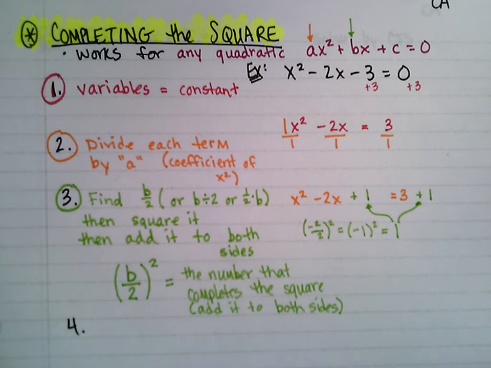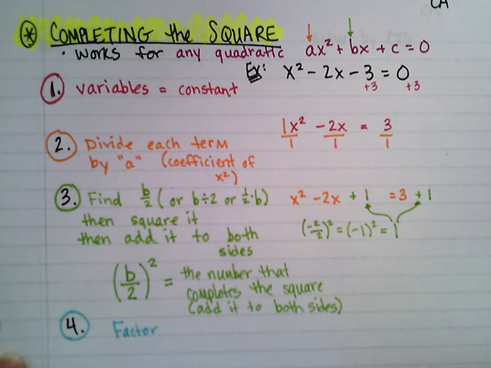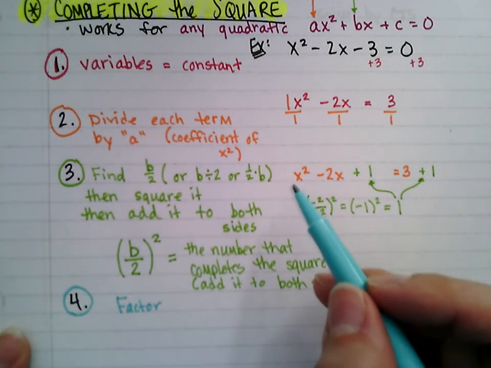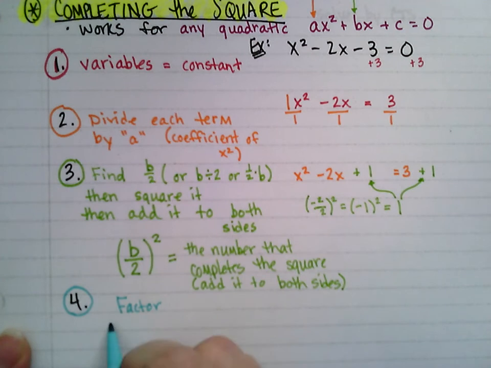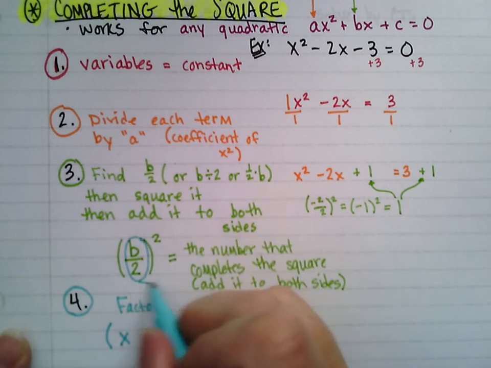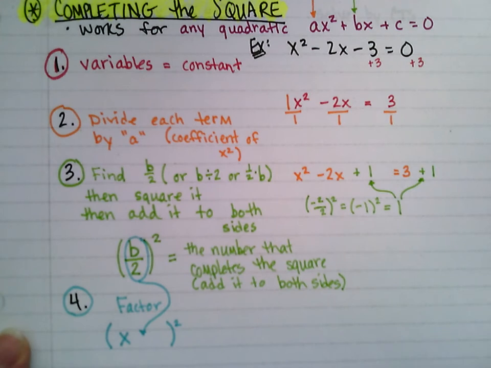Then the next step we're going to do is we are going to factor. Now, the factoring step is actually like the easiest part of the whole entire thing. What you're going to do is you are going to literally take whatever your letter is, put it in a parenthesis, and then you're going to take this number that's inside here, drop it in with it, and put squared.